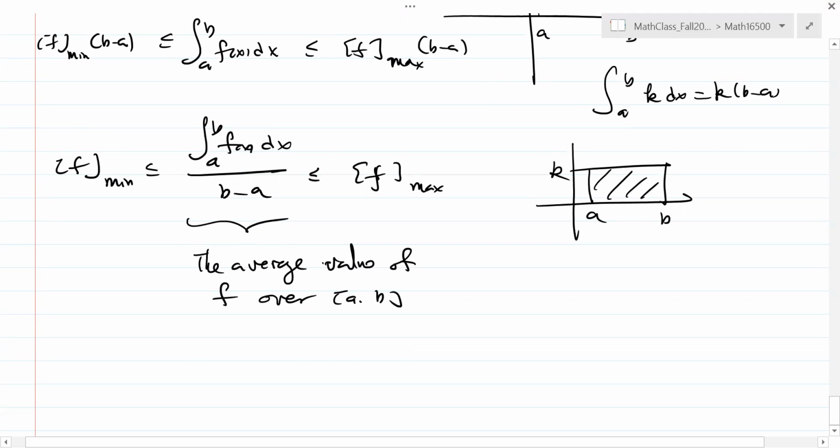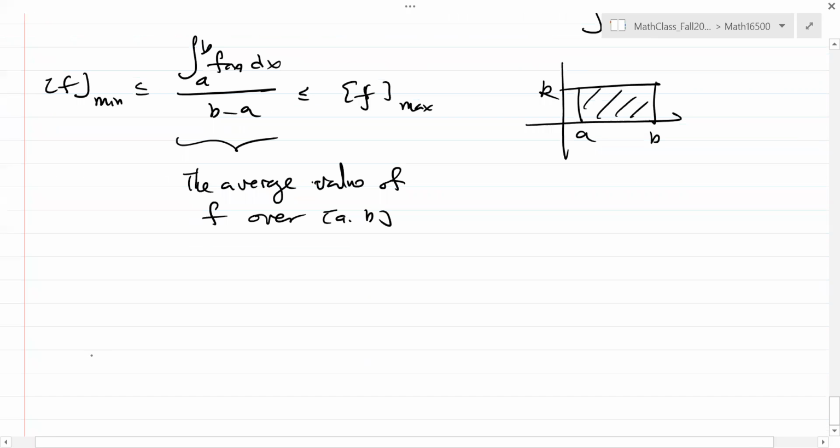Why does this become the average value? I will tell you the meaning of that. Okay. So look at this function, and this is a and b. I have a bunch of points.